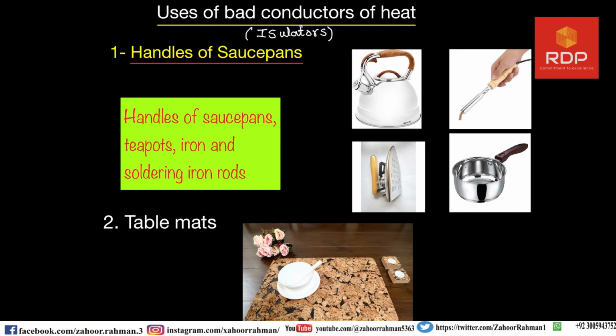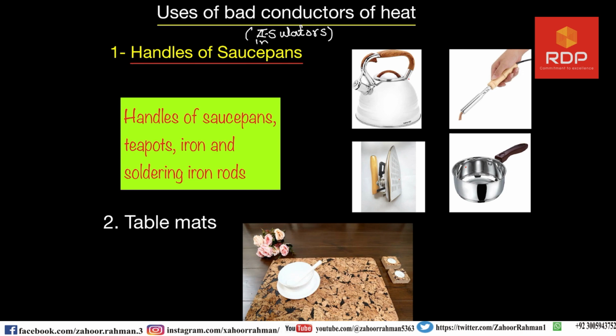Now, the second use of these conductors, in this case we are calling it insulator. Insulators are what? The second one is the table mat. Table mats are usually made of cork so that hot kitchenware can be placed on them without damaging the tabletop.